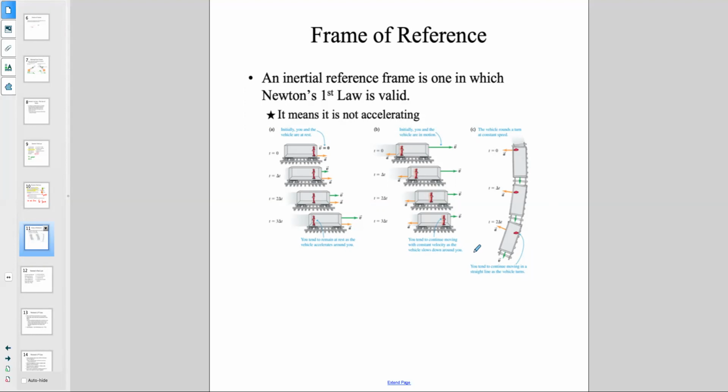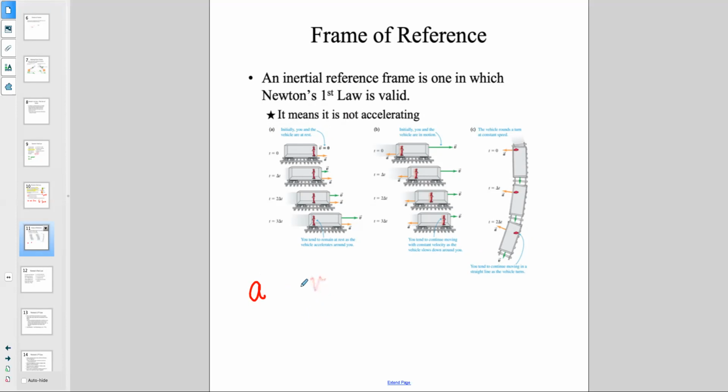It's the same thing if it's turning, because we know that turning or going around a circle is also creating a type of acceleration for you. So remember, an acceleration happens if the magnitude of velocity is changing or the direction of the velocity is changing.